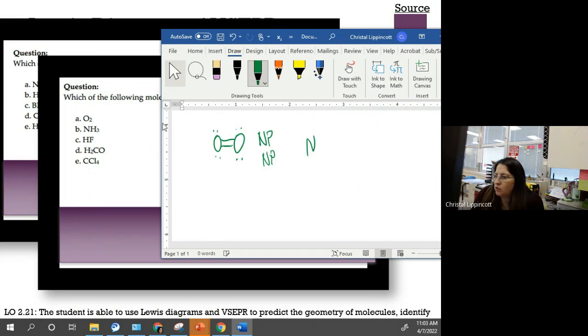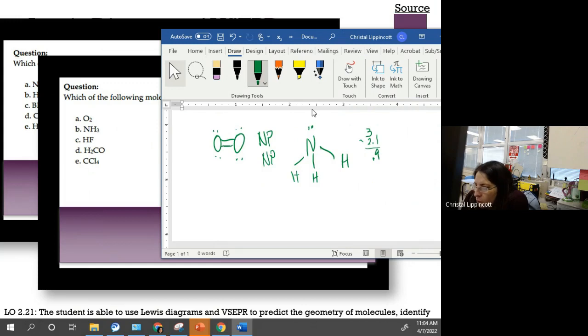NH3. So nitrogen is 3. And hydrogen is 2.1. I told you guys you needed to memorize those couple electronegativities yesterday. Okay. So this is 3 minus 2.1. So what kind of bond here? 0.9. What kind of bond is this?